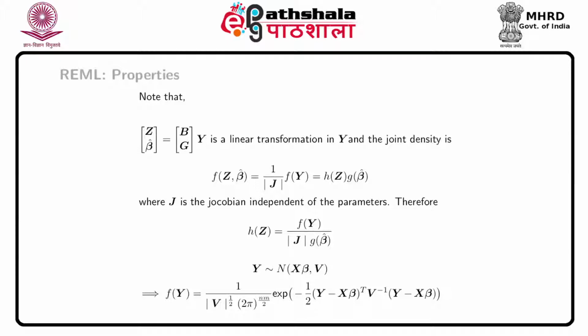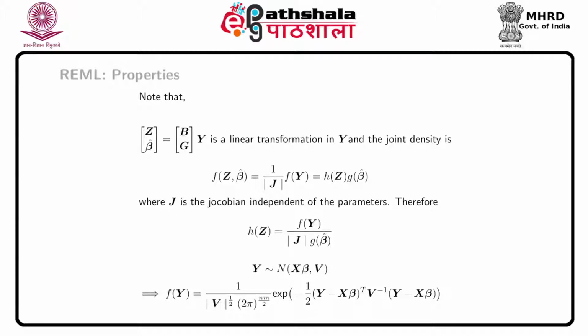Now what happens? If we just use this, then Hz is f of Y by determinant of J times G beta hat. And what is the distribution of Hz? It can be shown, if we use the distribution of beta hat and the distribution of Y, that Y follows a normal distribution with mean X beta and variance V, while beta hat follows a normal distribution.